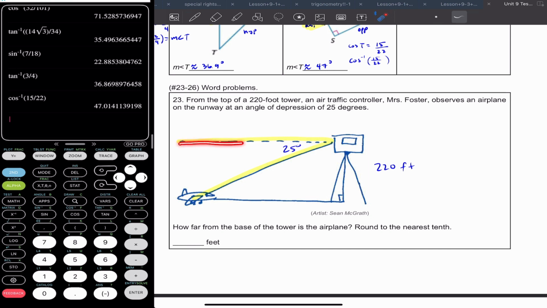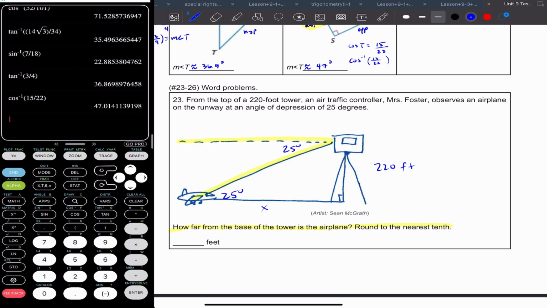And if this here is 25 degrees, then by alternate interior angles, this also is 25 degrees. Okay? What is the question saying? It says, how far from the base of the tower, so this is the base of the tower, is the airplane? So really, I'm trying to figure out the length of the horizontal line down here. So I'm just going to call that x.